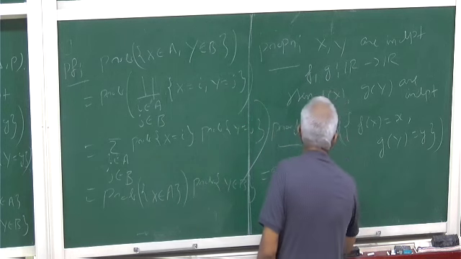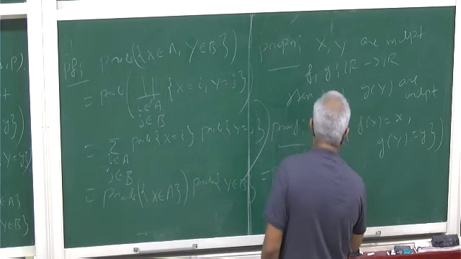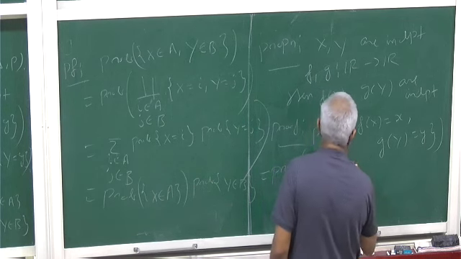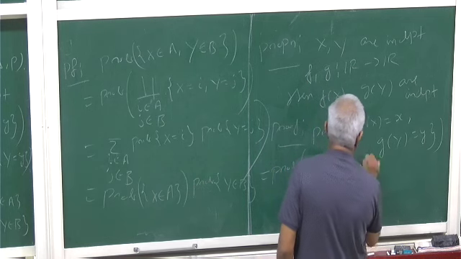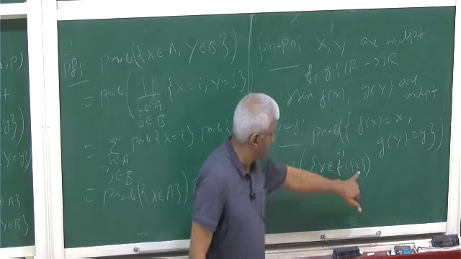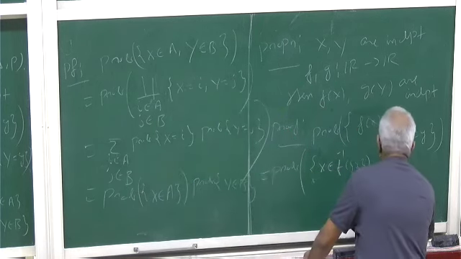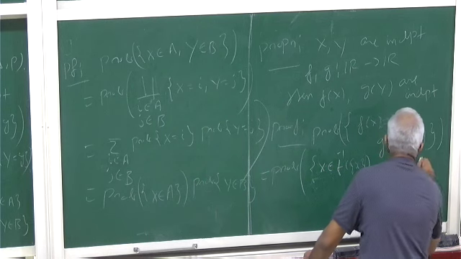which is the same as saying the probability of X is in F inverse of singleton x. By this, I mean all those points which map to x, which is the pre-image of x, and Y is in G inverse of singleton y.